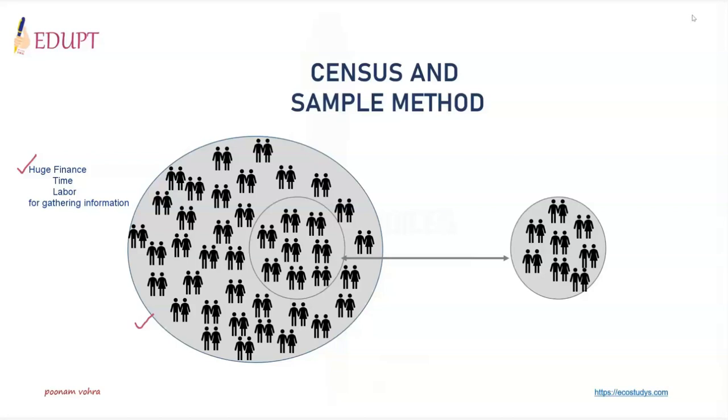Whereas sample method is a process in which a fraction of the population is selected to represent the characteristics of the larger group. This method is used for statistical testing, where it is not possible to consider all members or observations because the population size is very large.